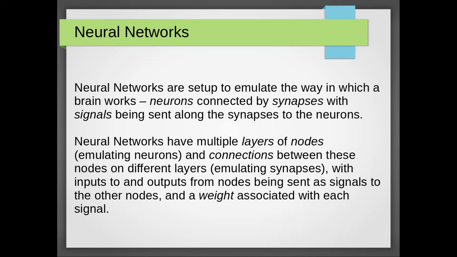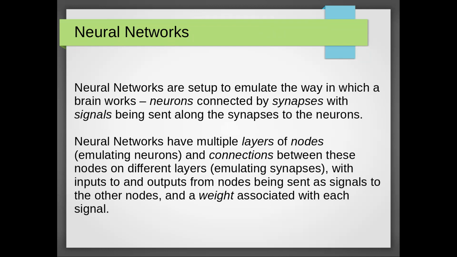So in neural network terms, what we do is we have multiple layers of nodes, and you have all of those nodes connected to each other on different layers, and you've got an input layer, an output layer, and you feed in some sort of input, and it does its magic through the network and then chucks out an output, which usually represents the probability of something being one thing or another.